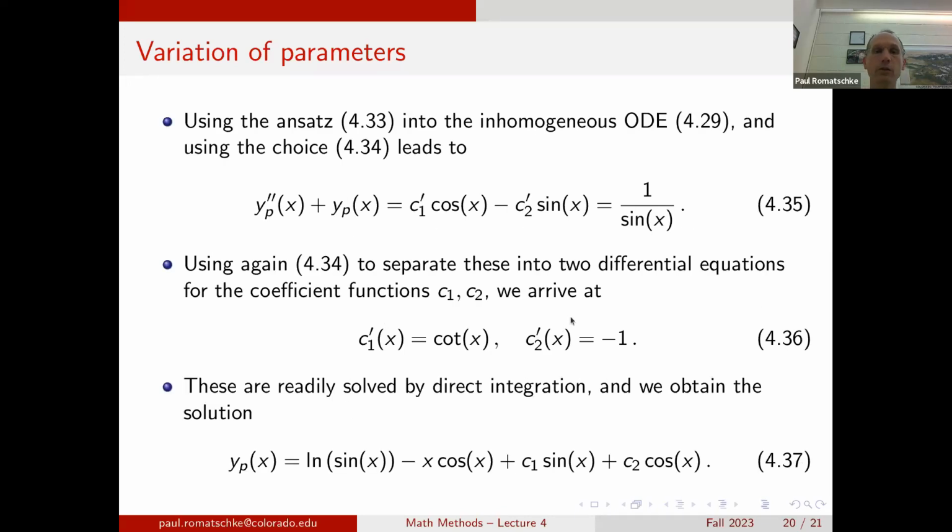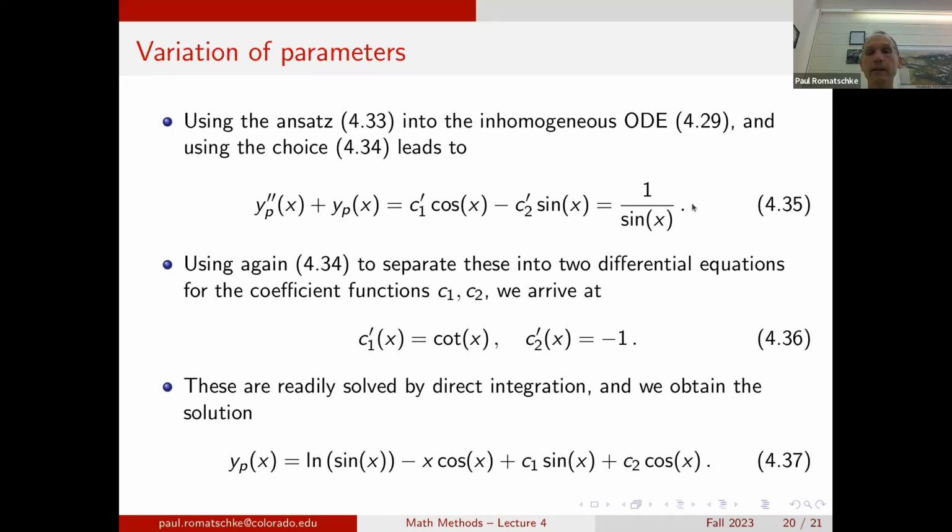So now using the choice for this particular relation of the coefficient functions c1 and c2, and using it to express the second order derivative of the function we want to calculate in the ODE 4.29, we find that y double prime plus y prime is given as c1 prime cosine of x minus c2 prime sine of x.